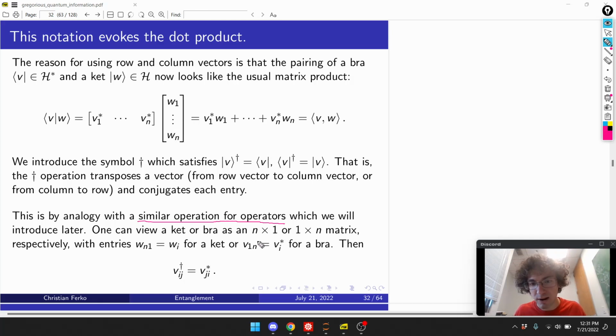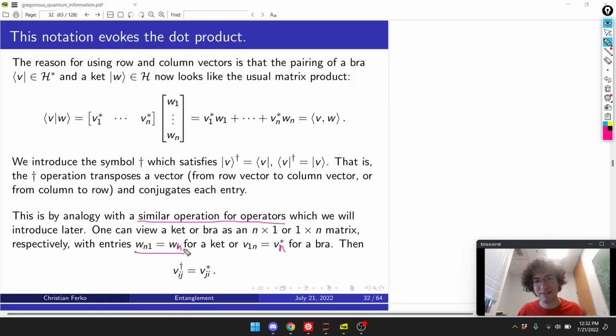So if you view a ket or a bra as an n by 1 or 1 by n matrix respectively, all that we're saying is that the dagger operation flips the two indices, i and j flip order, and you get a complex conjugation.